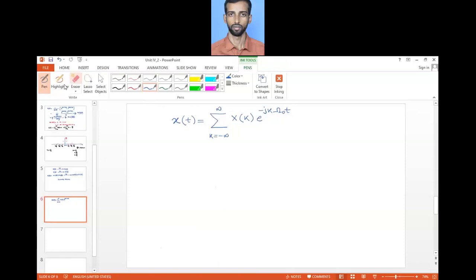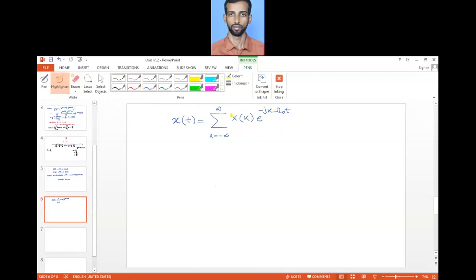However, in this expression, if you just take a look, there you have some complex quantity, e to the power minus j k omega naught t, that is a complex term. Which implies, in order to make the left hand side real, this x of k on the right hand side has to be complex.